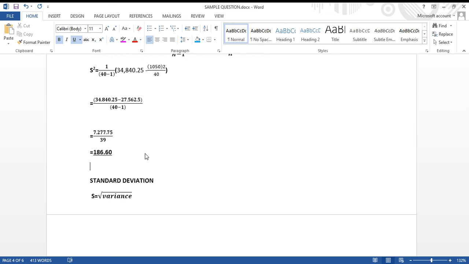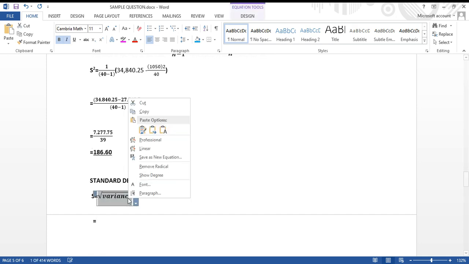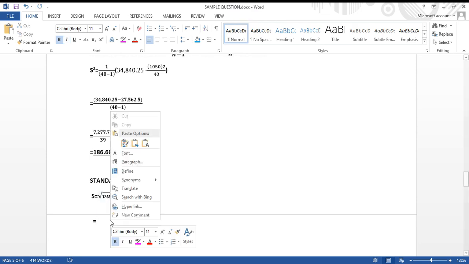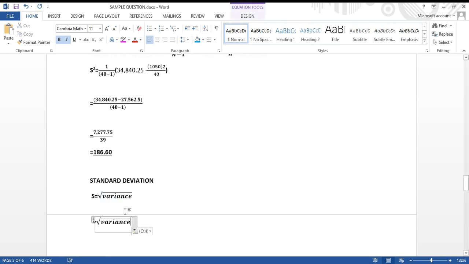After you find your average, you want to find out how far the data points are from that average. And finally, we have to find the standard deviation, which is just the square root of the variance. Not complicated at all.